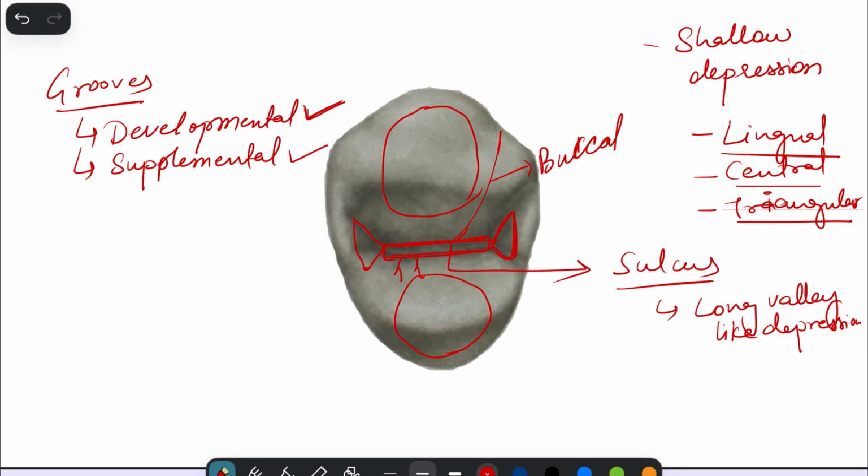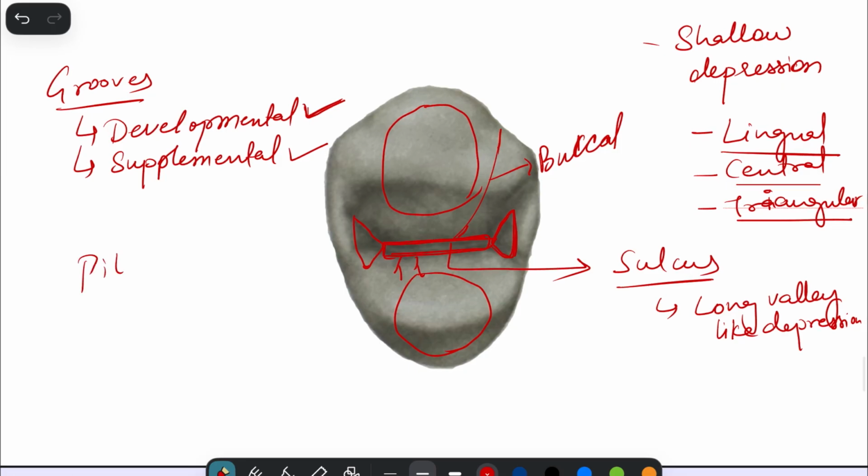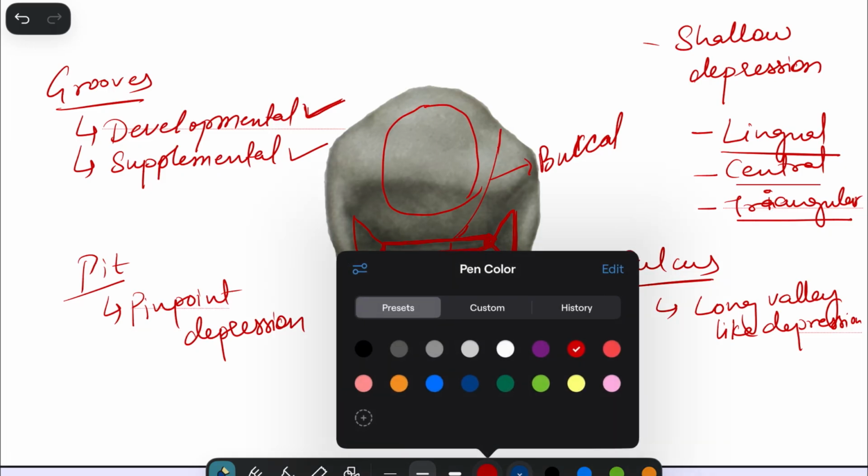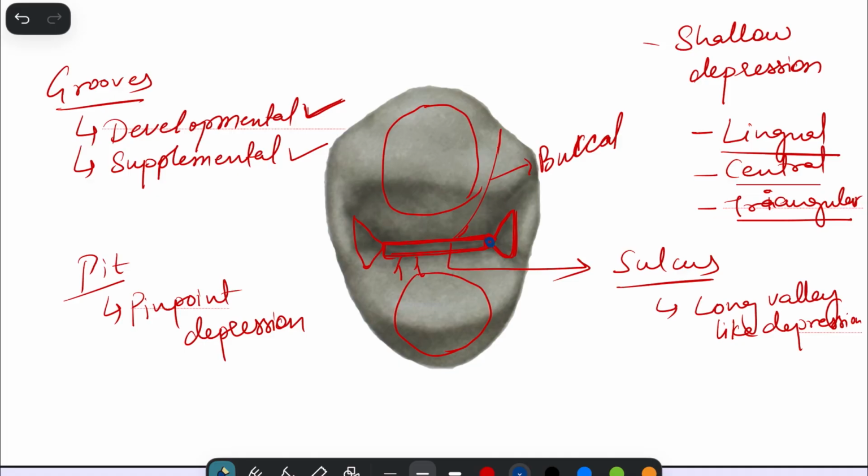Okay, then we have the pit. A pit is a small pinpoint depression. Now, here, the point where the sulcus or the developmental groove and the triangular fossa are meeting, there is a small pinpoint depression, and that is our pit.